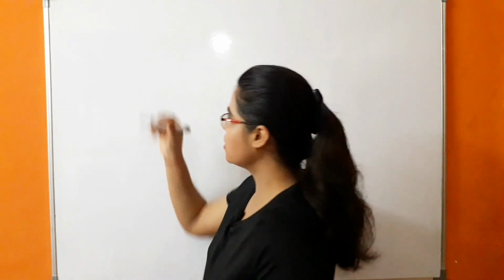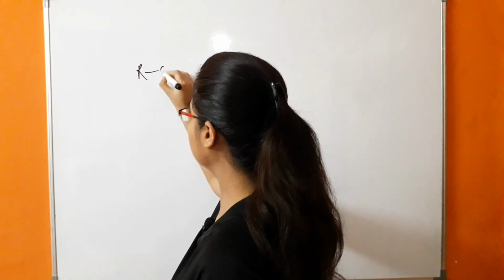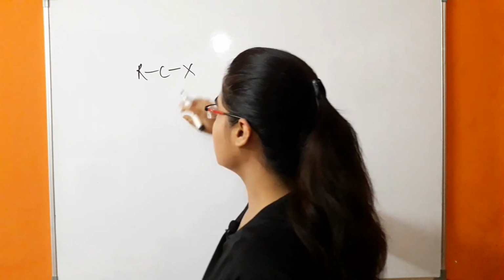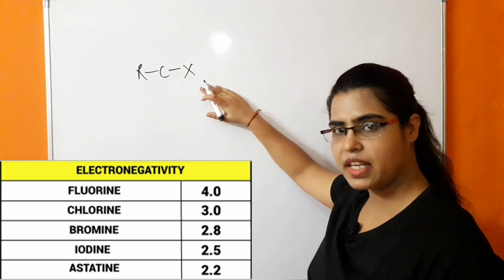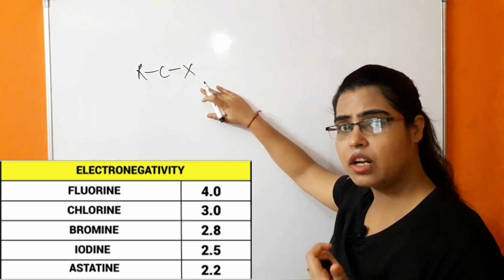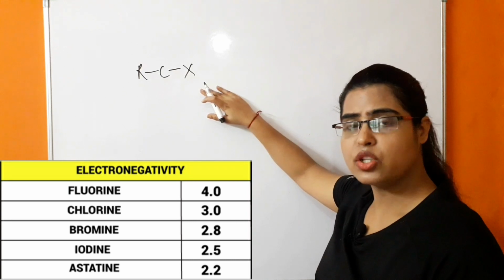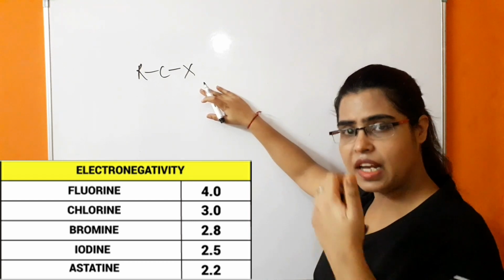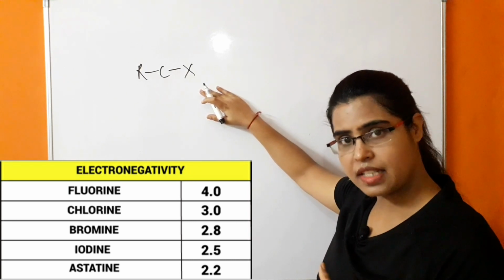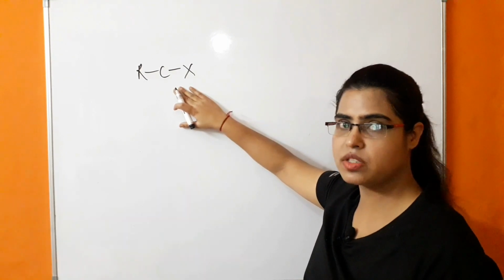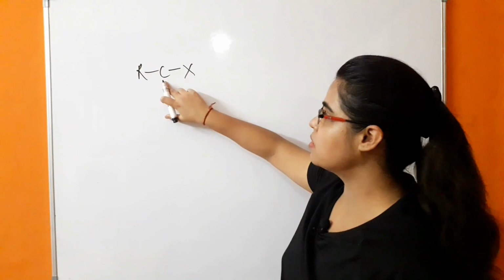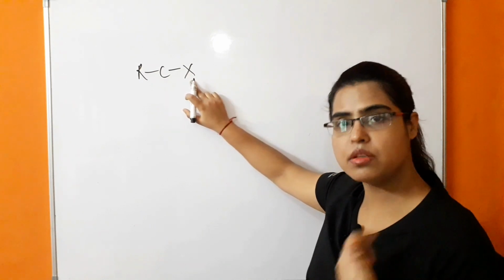So what is happening in this case? As you can see, the halogens are very electronegative, for example fluorine, chlorine, bromine, iodine. As we go down the group, the electronegativity of the halogen decreases. Carbon is not as electronegative as halogens are. Because of that, this carbon halogen bond is polar.